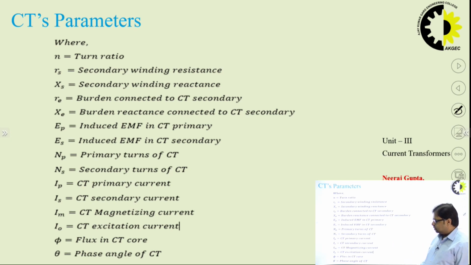Phi is the flux in the CT core and theta is the phase angle of the current transformer. So, these are a few terms which will be very important to understand while discussing the case of CT.